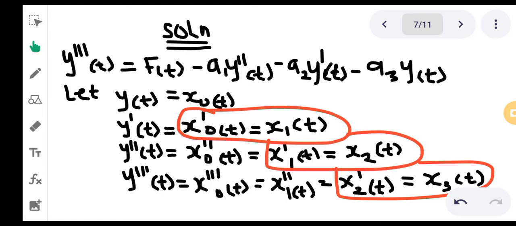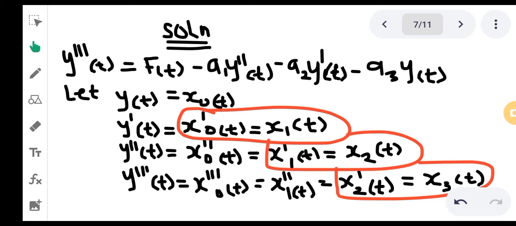So in place of my y prime prime, just put my extreme, which is my x2 there. Whenever I see my y prime, just put the extreme, which is x1 of t, because this is my y prime. Whenever I see my y of t, my y of t is x naught of t. So that's what we are doing there.